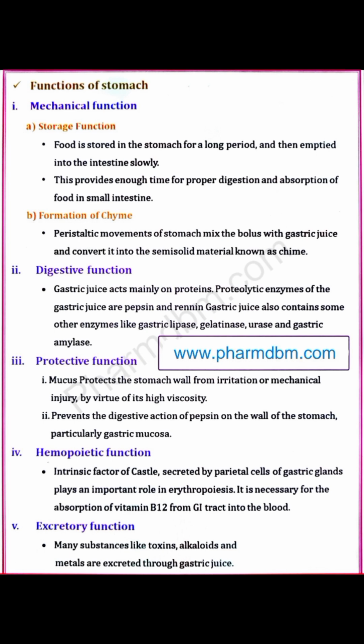Intrinsic factor of Castle secreted by parietal cells of gastric glands plays an important role in erythropoiesis. It is necessary for absorption of B12 from GI tract to the blood. Fifth one, excretory function. Many substances like toxins, alkaloids and metals are excreted through the gastric juice.